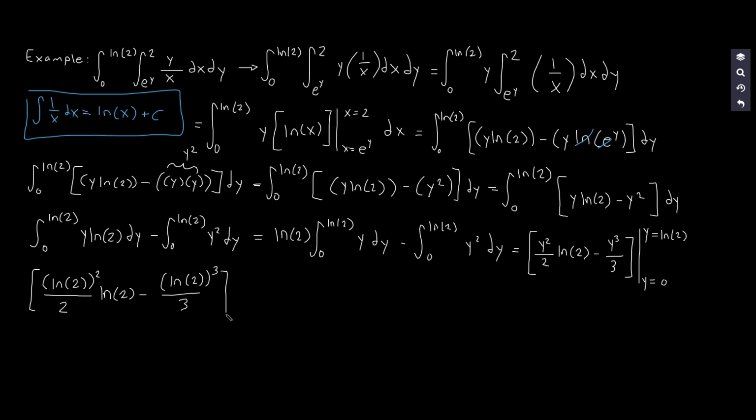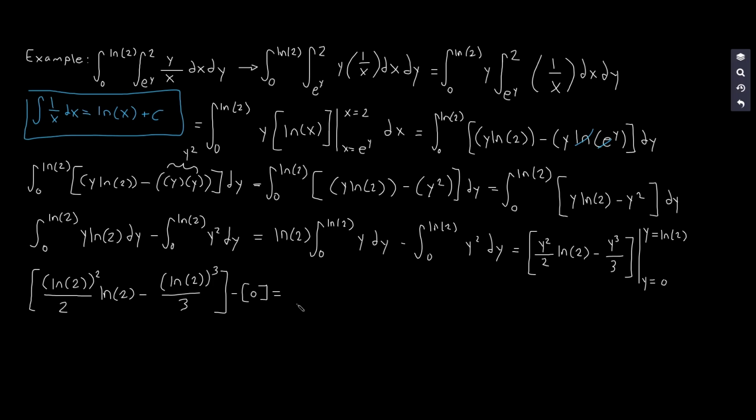From this, we're going to subtract a 0 because that's the lower limit of it. Wait a second. Are we sure about that? Yeah, we're sure. So then from this, we're just going to subtract a 0.